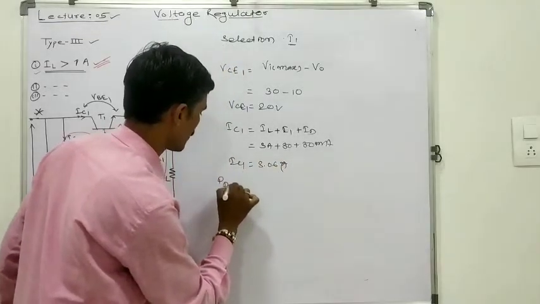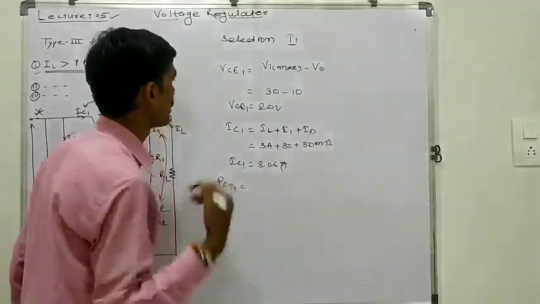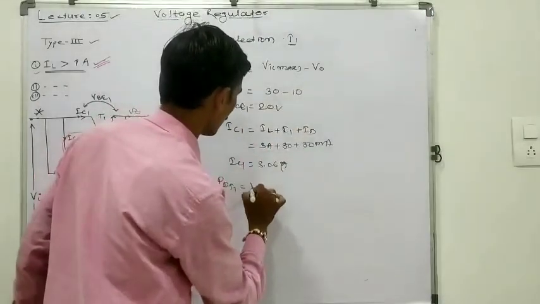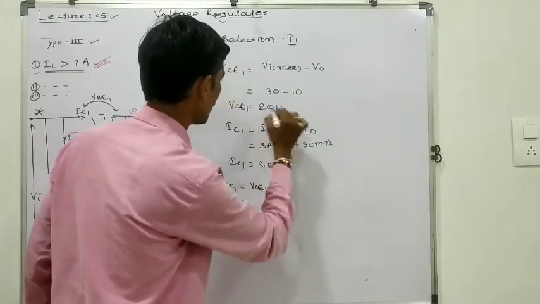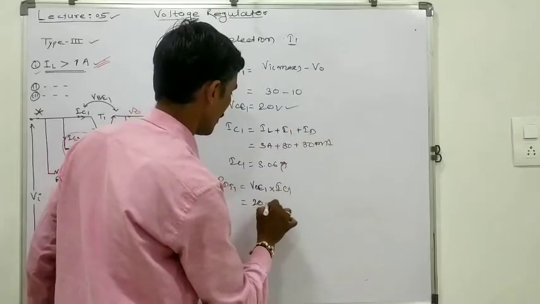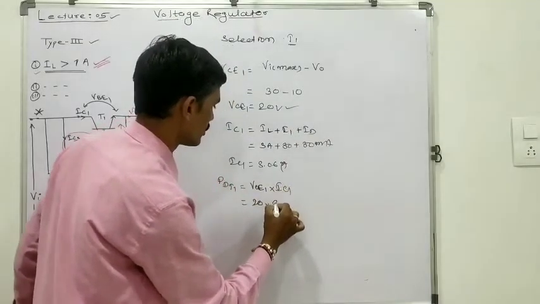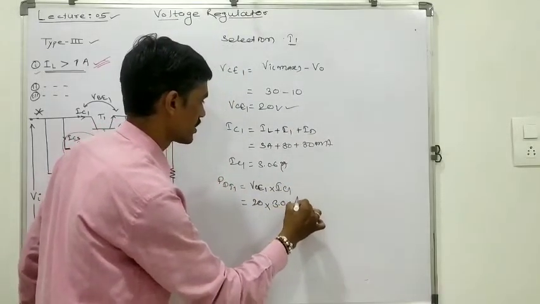Again, power dissipation across the transistor T1 is equal to VCE1 multiplied by IC1. The value of VCE1 is 20, and IC1 is equal to 3.06 ampere.